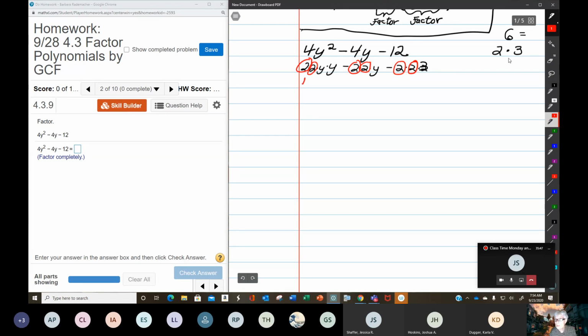So I write down 4 in front, and then what I've always preferred to do is to mark out the GCF because I've already used it. I don't want to use it again.